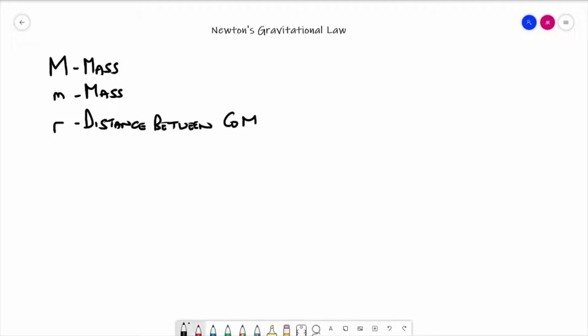Firstly, let's think about how the two masses affect the force. Hopefully it should be relatively obvious that if we increase the mass there will be a bigger force between the objects. So both of those are proportional to the force. Therefore the first thing we can say is that the force is proportional to the product of the masses.